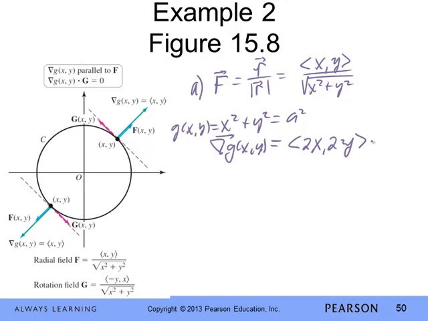Because of that orthogonality, that means that the gradient vector, and hence vector field F, will be perpendicular to a tangent line. So that right there is enough to show what we needed to for part A. Does that make sense, everybody?